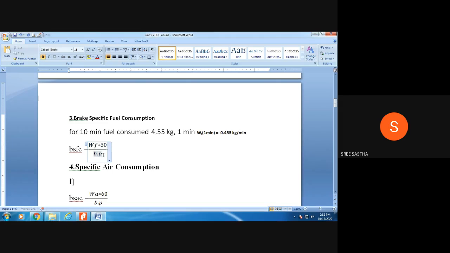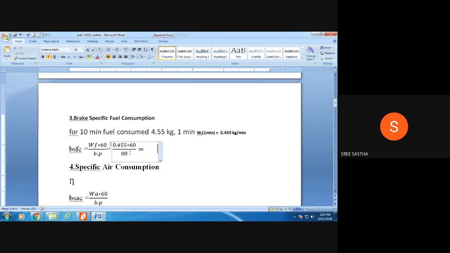So I will go to this formula, substituting 0.455 into 60. Brake power is 88. Whatever value you substitute, then you calculate.